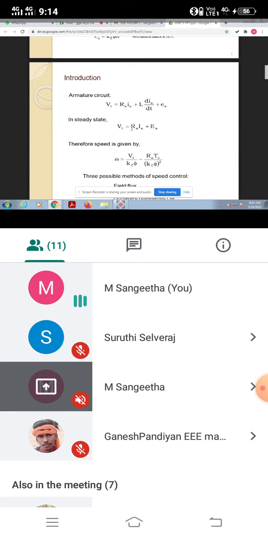Here the Ra Ia polarity is positive, so moving it across the equal sign changes it to negative. So Vt minus Ia Ra.